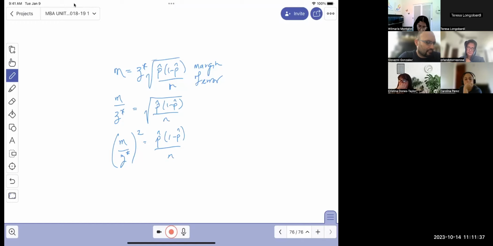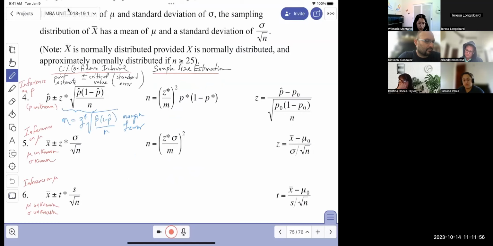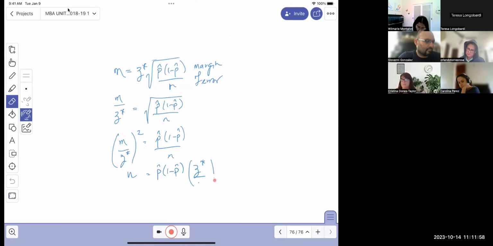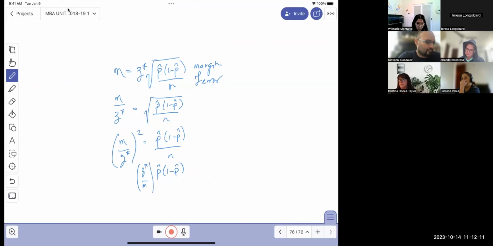When I cross multiply a fraction, this happens. I have it at the front, so this is Z star over M squared equals N.